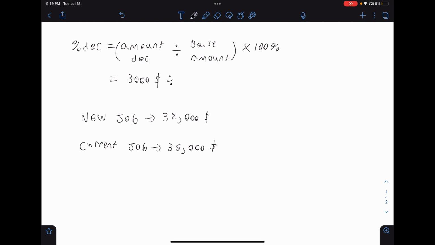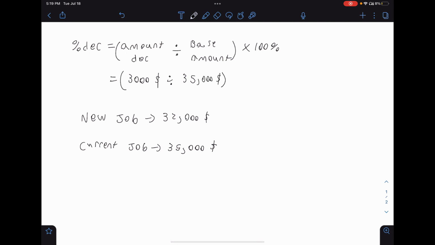What's the base amount? We're not going to use the new job's base amount because we don't want to compare this decrease to the new job. It makes no sense. We're decreasing from our current job, and our current job's base salary is $35,000. So we're going to use the base amount from our current job, which is $35,000.